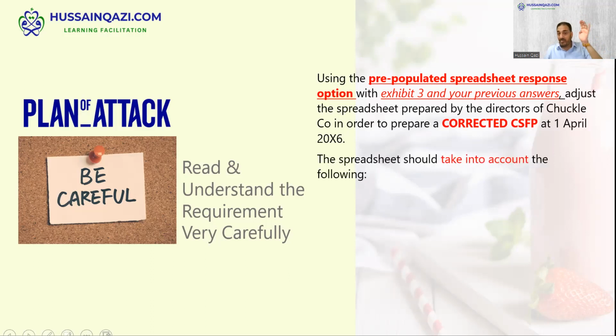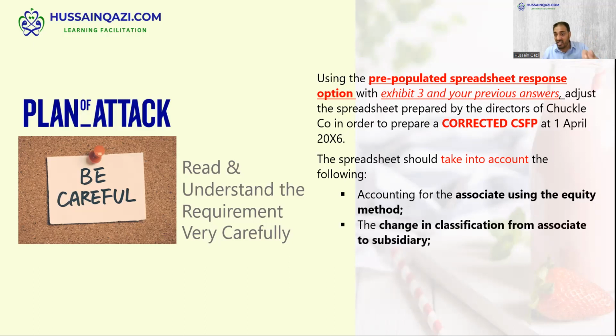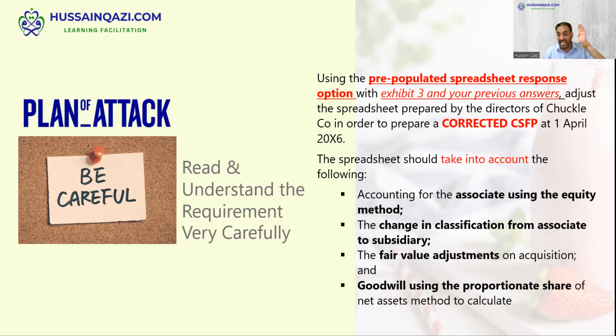Further, the spreadsheet should take into account the following: accounting for associate using the equity method, change in classification from associate to subsidiary, fair value adjustment including deferred tax, goodwill, NCI.